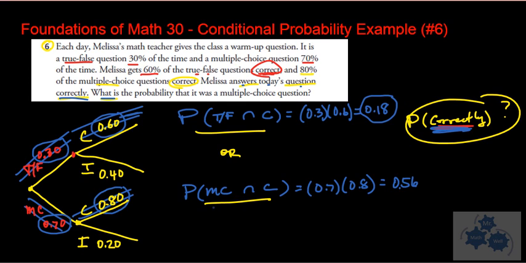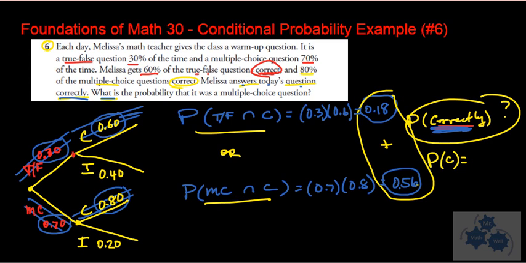The probability that it's multiple choice and she gets it correct is this one. The probability that she's getting today's question correct would be the sum of these two. We add these two together, so 0.18 plus 0.56 is 0.74. That's the probability that it's correct.